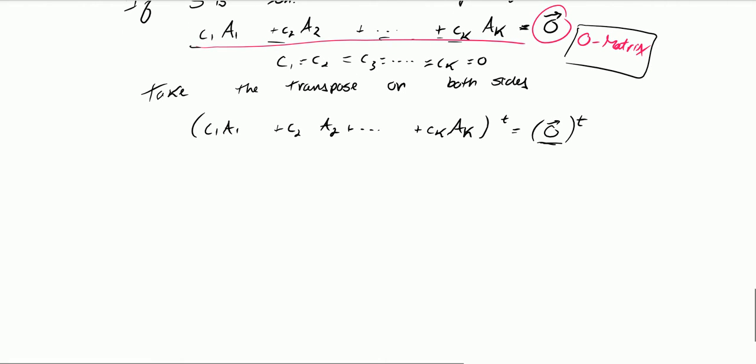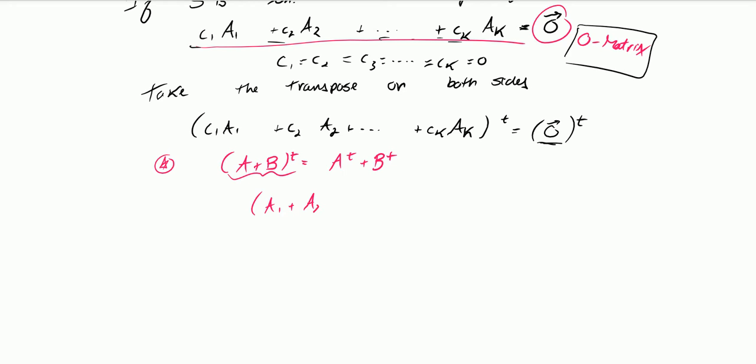Now, you need to remember something else from transposes. One of the properties of transposes is that (A plus B) transpose is equal to A transpose plus B transpose. And this can be applied for as many matrices inside the parentheses as you want. So you can have A1 plus A2 plus ... plus AN, and N can be any number of matrices inside the parentheses.